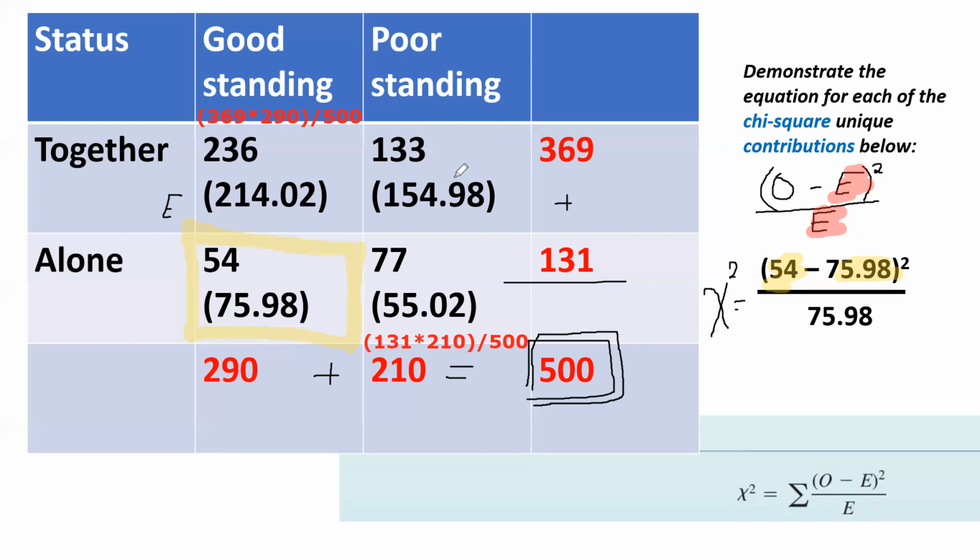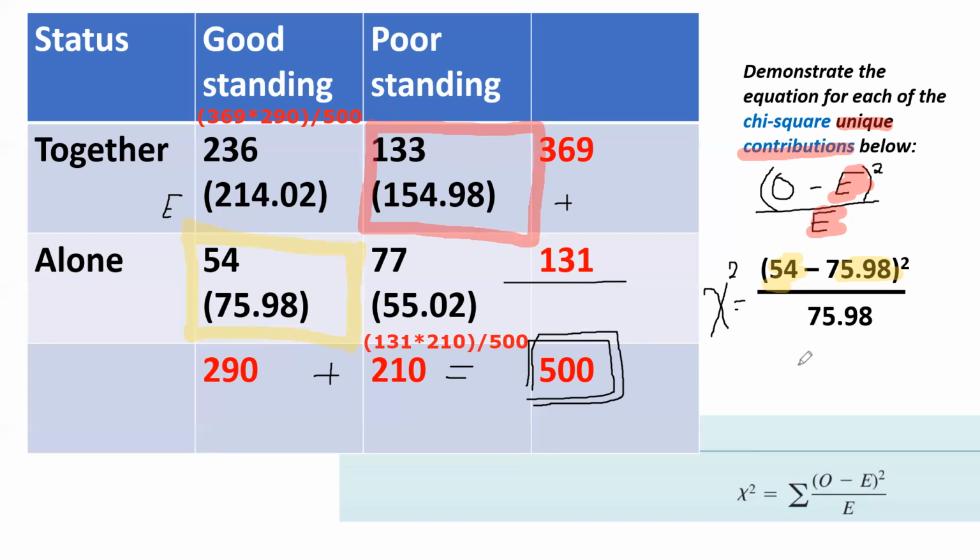For the math exam, I think I pushed D2L to its max, because even though I can have different numbers each time a quiz is taken, I can't do it in a way that you can do a problem 6 different times with the same numbers. So I need you guys to understand what this unique contribution terminology is. When I'm saying unique contribution, I'm asking for one of these particular cells. Calculate what chi-square would be using this equation.